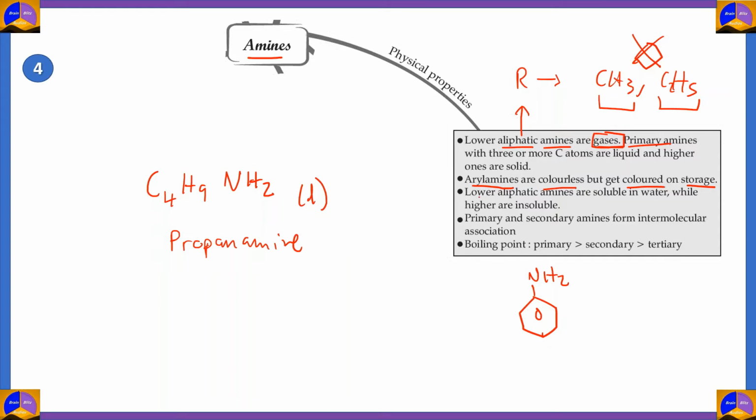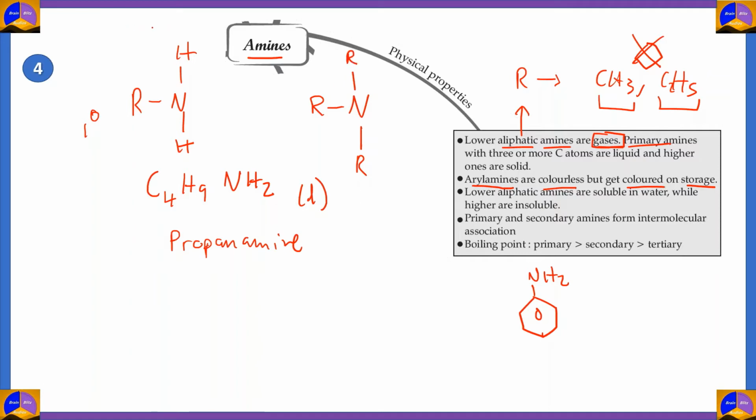Next point, lower aliphatic amines are soluble in water, while higher ones are insoluble. The reason for that is we have two Hs here. So this is a primary amine, while a tertiary amine has a different structure.